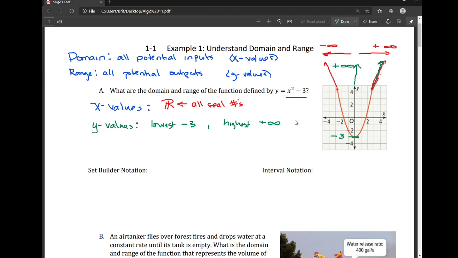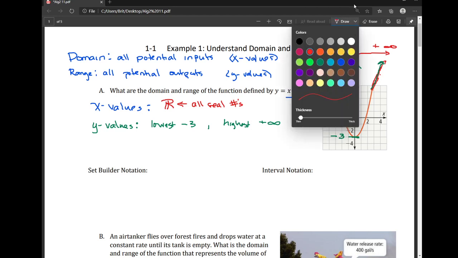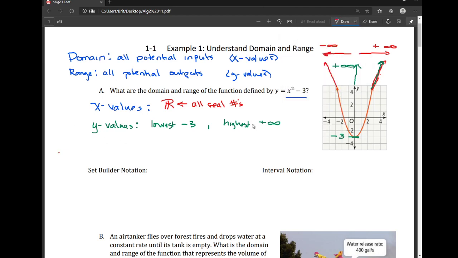So now we know our number restrictions, and we have to look at the notation that we want to describe it with. So let's start with the set builder notation. To describe this in set builder notation, I'm going to say that the domain, using a capital D, is equal to, and then we use these little curly brackets.